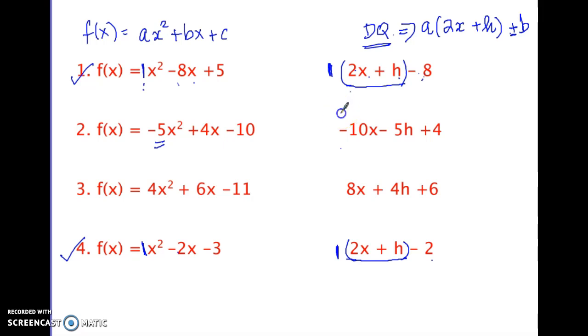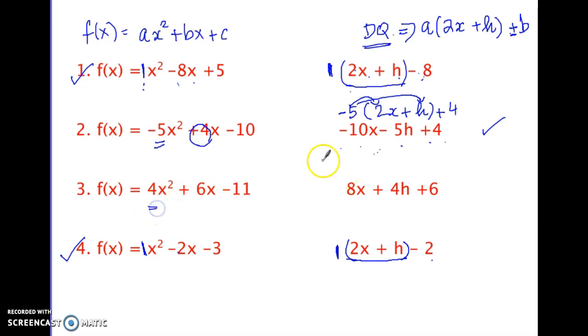So as per the formula, it should be negative 5 times 2x plus h, and b here is positive 4, so you should just put positive 4 at the end. Let's see if that was correct. Negative 5 times 2 is negative 10x. Negative 5 times h is negative 5h plus 4. It actually worked.